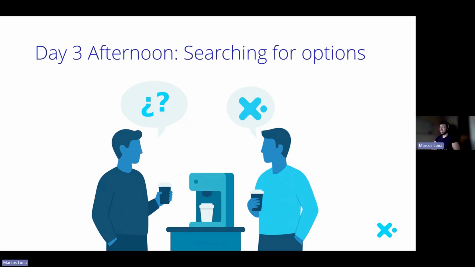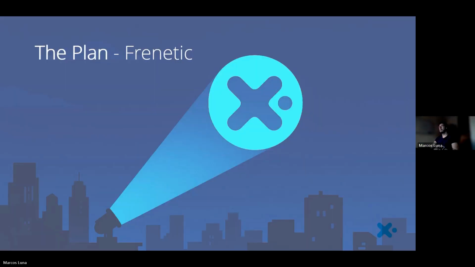So in this case, the colleague says, why don't you use Frenetic? Frenetic? Yes, we bought a license 2 weeks ago. It's pretty fine. You can maybe design an inductor in just a minute. Well, I can try. So that's the plan, which is using Frenetic.